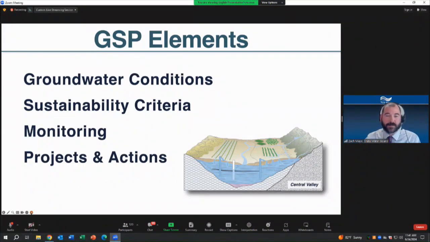The plans describe what is being monitored, like groundwater levels or groundwater quality, where it is being monitored, and how often; and projects and management actions, which are the steps agencies take to achieve sustainability. These might include projects that bring in new surface water supplies or rules that restrict pumping.